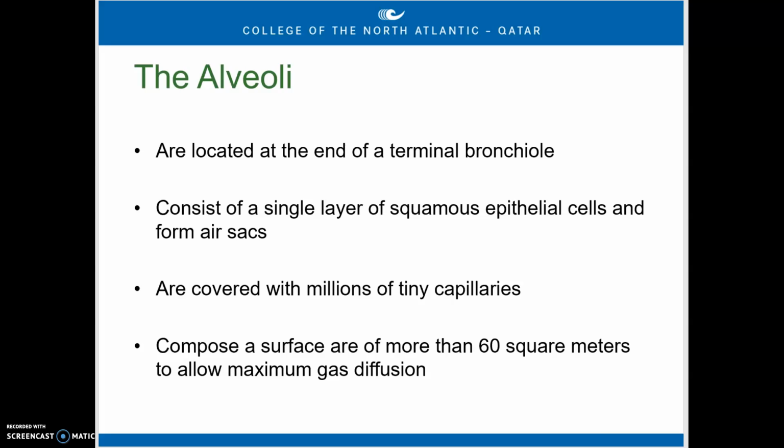Now, if we were to spread out all the tissue that's in the lungs, because it's really folded and compact in there, we'd get about 60 square meters of tissue. Now, to give you an idea how big that is, 12 square meters equals about 1 parking space for your car.